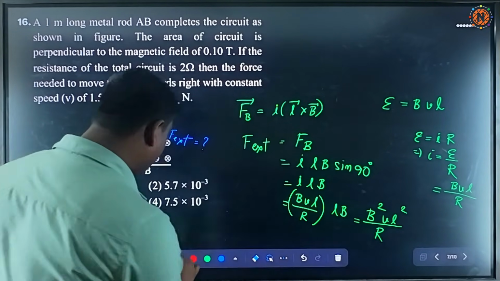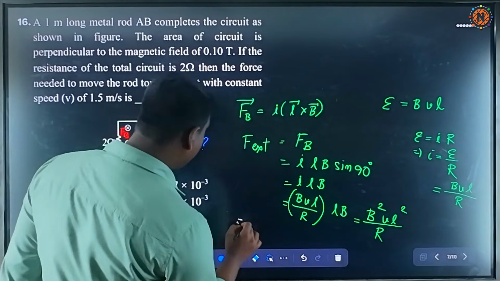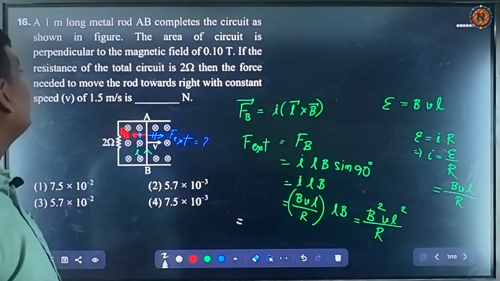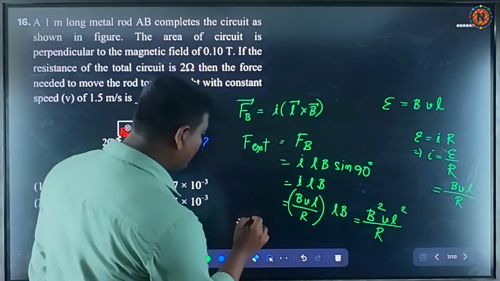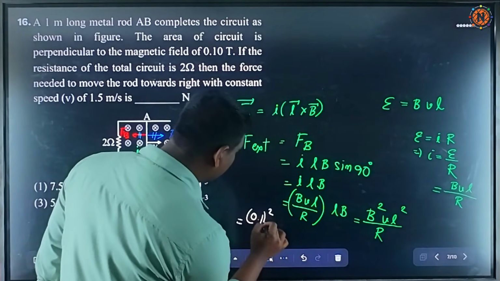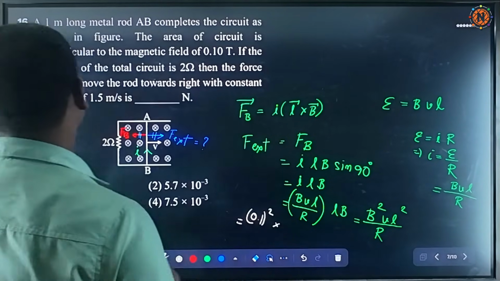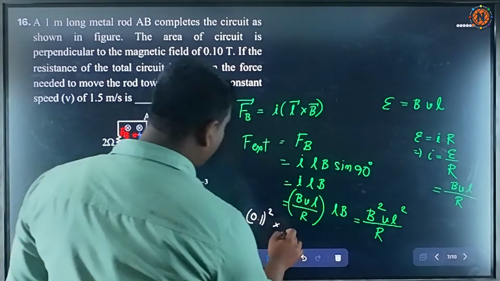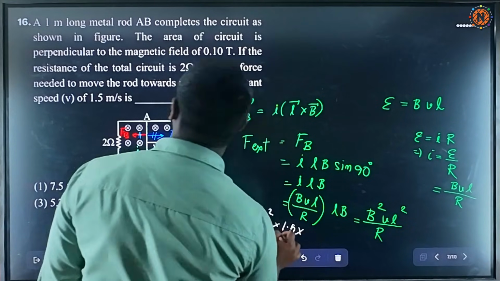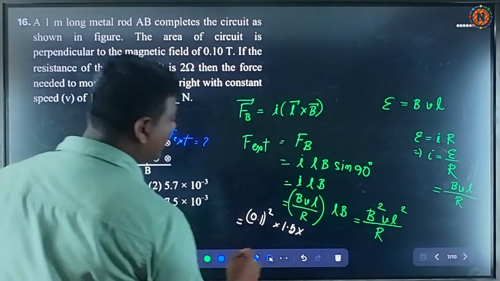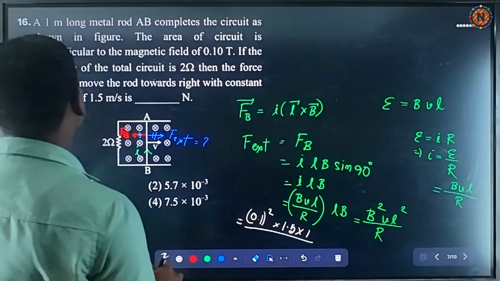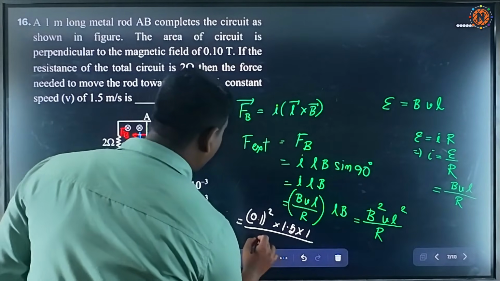So all the values are given, so put them in. What is B? Magnetic field is given as 0.1 Tesla, and this is squared, into the speed. Speed is 1.5 meter per second, and the length of the rod is 1 meter, divided by resistance, which is given as 2 ohm.